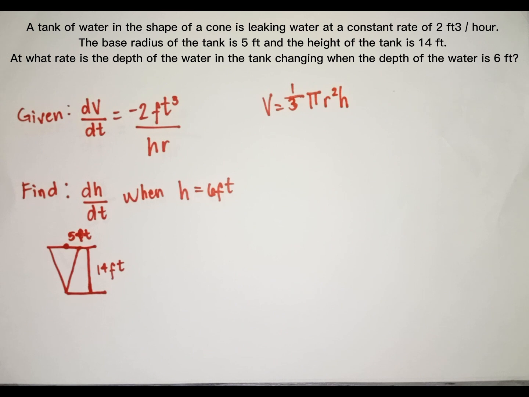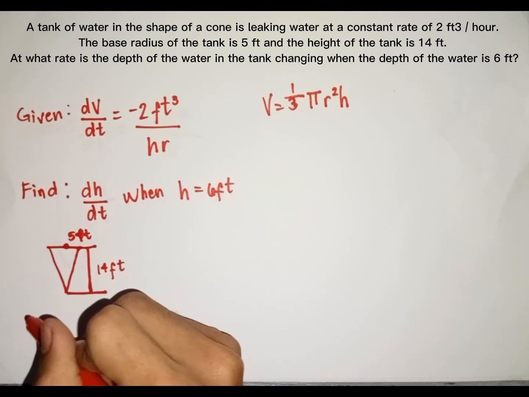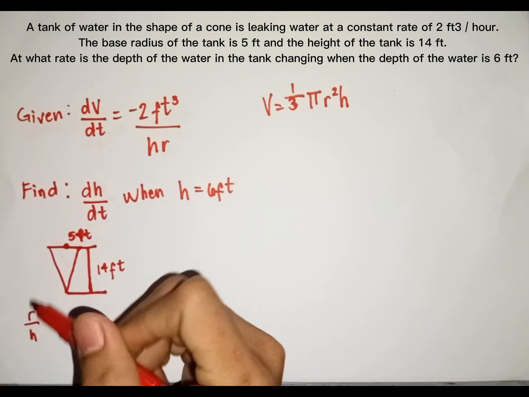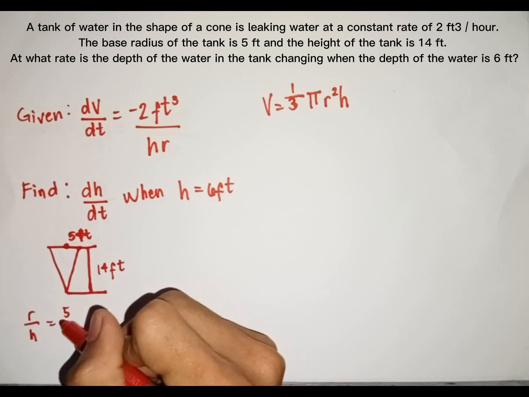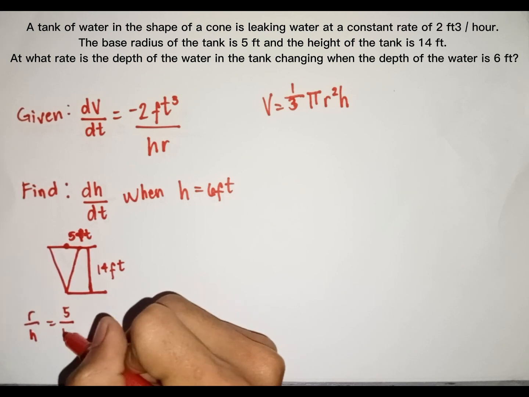Whenever you've got this scenario and are trying to find dh dt, it's going to be easier if we put this equation all in terms of h, because we're trying to find dh over dt. I can do that using a proportion, writing the relationship between radius and height. So r over h is equal to 5 over 14.